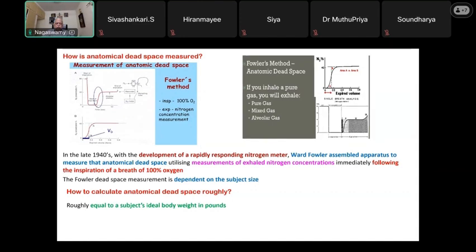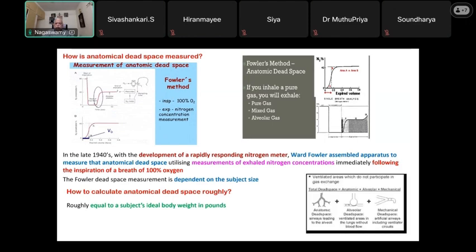So if you are a roughly 70 kg person, 70 into 2.2 is 140 plus 14, 154. So exactly 154 ml will be your dead space. So that is how you can calculate the dead space.